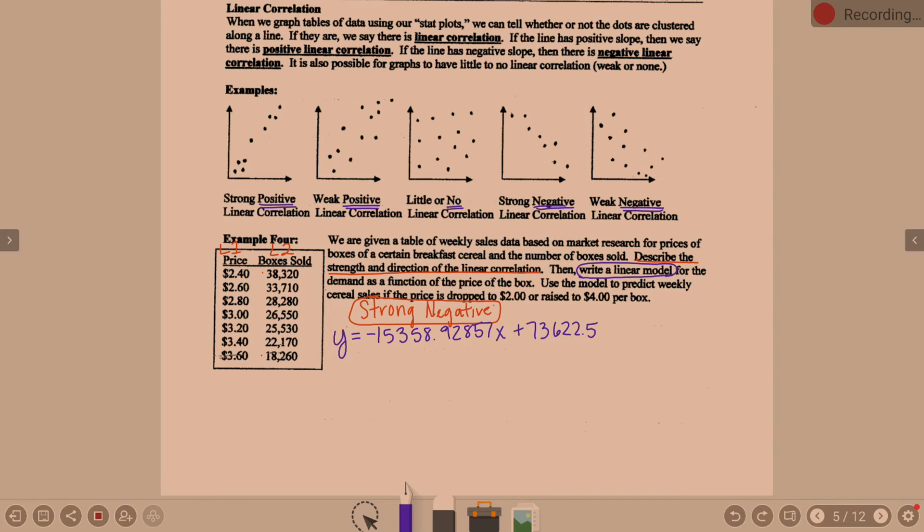In my notes, I have a cleaned up version, which just goes to 2 decimal places, which is negative 15,358.93x plus 73,622.5. Okay. There's the second piece we had to do. Write a linear model. Now, before I move on, how did we get to there?